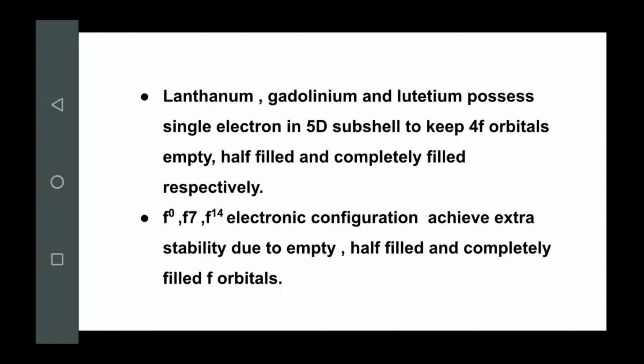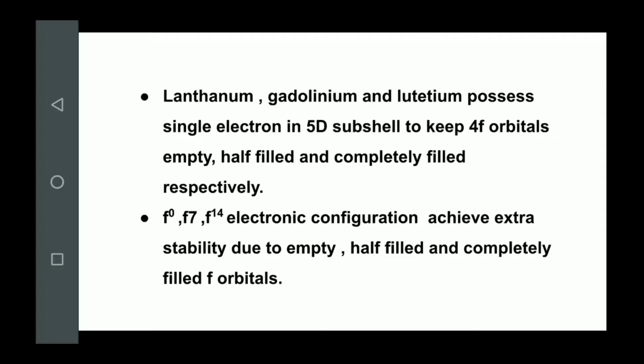Now let's see why they have one electron in their d subshell. But the expected configuration was what? That electron should have been present in the 4f subshell according to the Aufbau principle. Now when this one electron jumps into the 5d subshell, these orbitals will get what? f0 configuration, f7 configuration and f14 configuration.